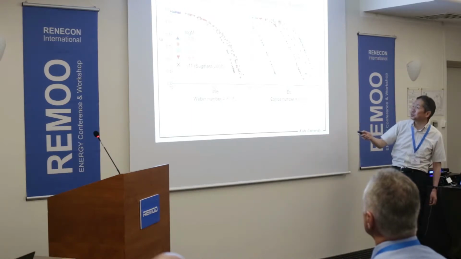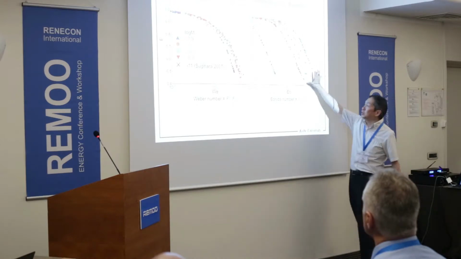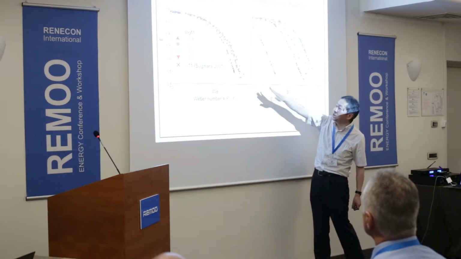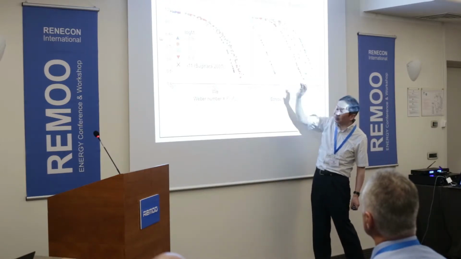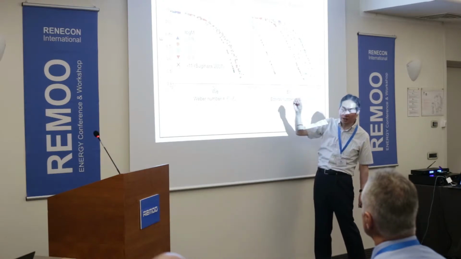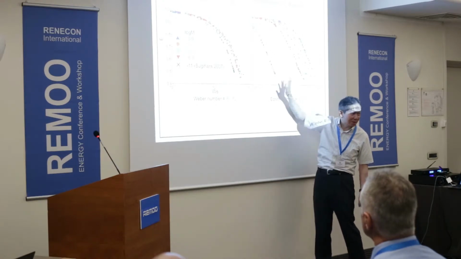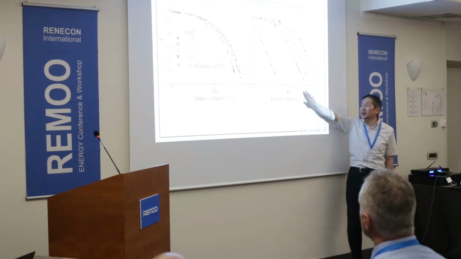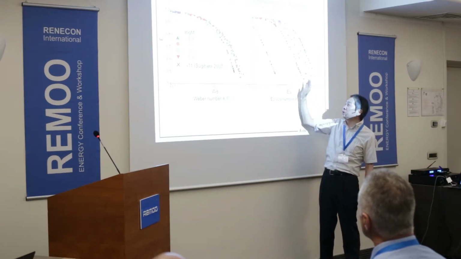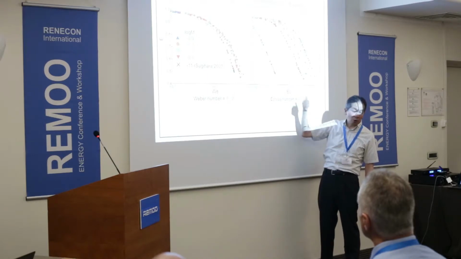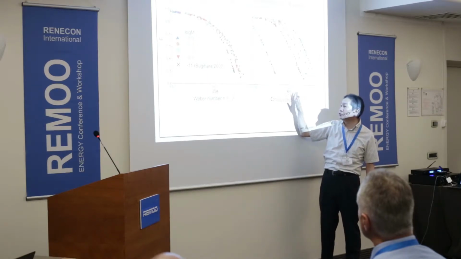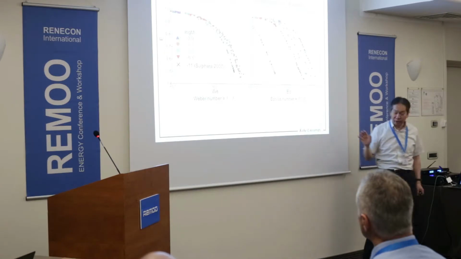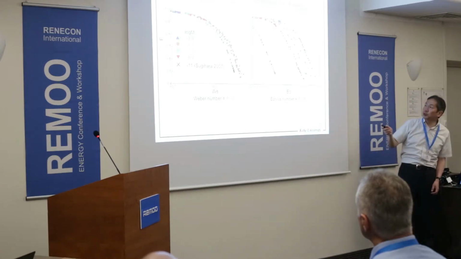These are our data, and this is the data obtained by Sugihara for the air-water system, very clean, they said super clean system. And you see, we cannot develop any model using only single dimensionless groups like the Weber number or Eötvös number, because these four forces govern the bubble dynamics.